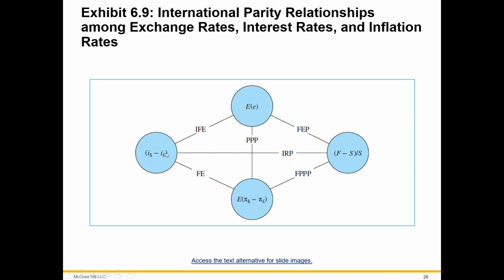Interest rate parity is a pretty solid relationship. That's arbitrage based, so this connection's pretty strong. The difference in interest rates should strongly relate to the forward committed drift in exchange rates.